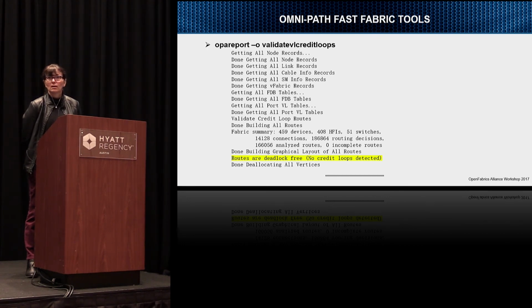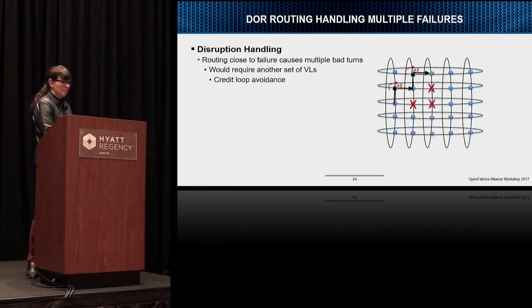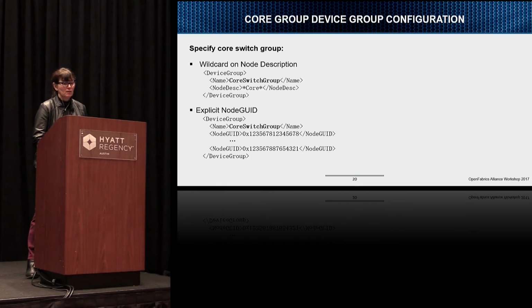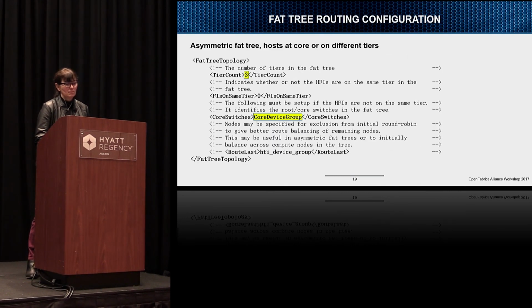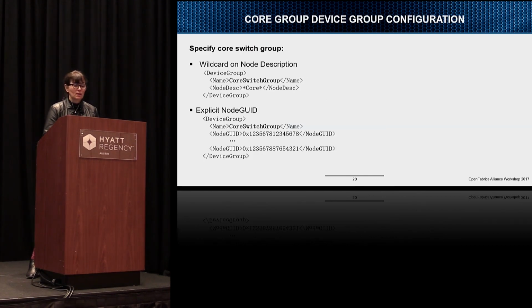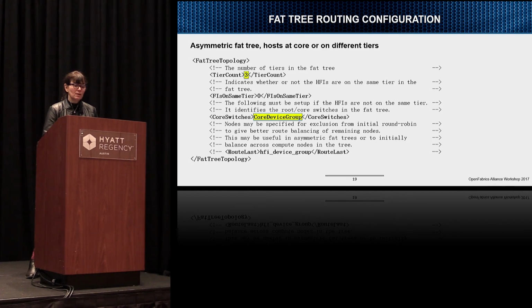I remembered my question. The spine first routing, you were saying it only applies to, well, I'm asking if it only applies to director class chassis switches. I'm not sure if you'd ever build 3 levels with edge switches, but if you did, could you still use that by just defining where your spines were?